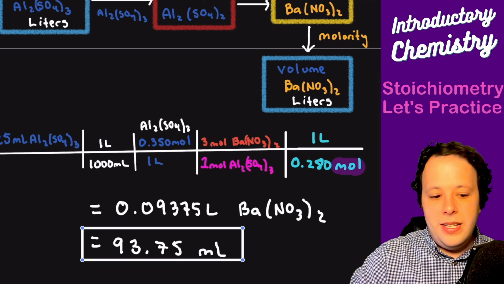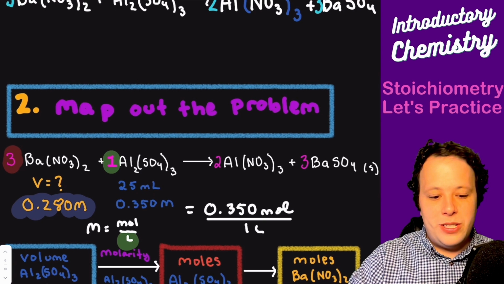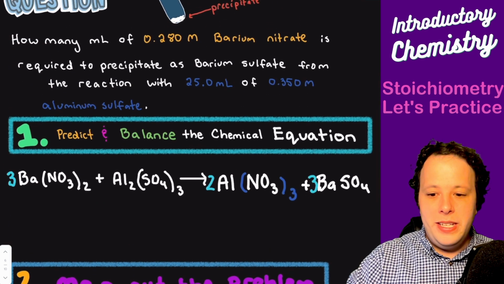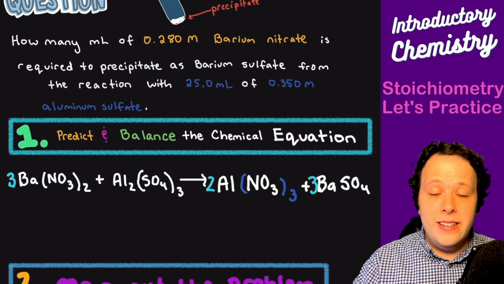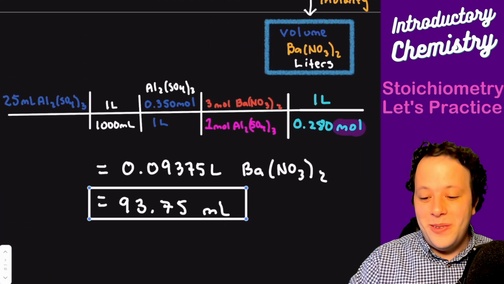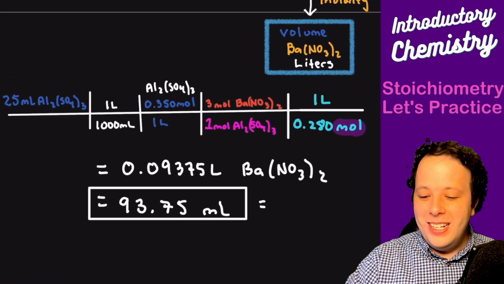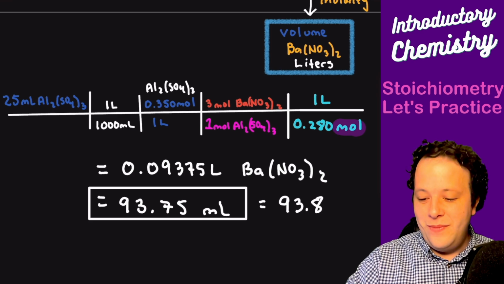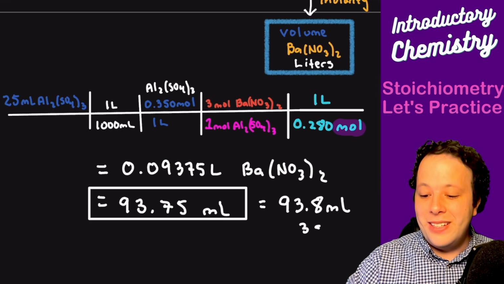Then we can check for sig figs as well. I believe that should be 3 sig figs in the end, so you'd want to round it to 93.8 as your very final answer if you were putting this into the correct sig figs.